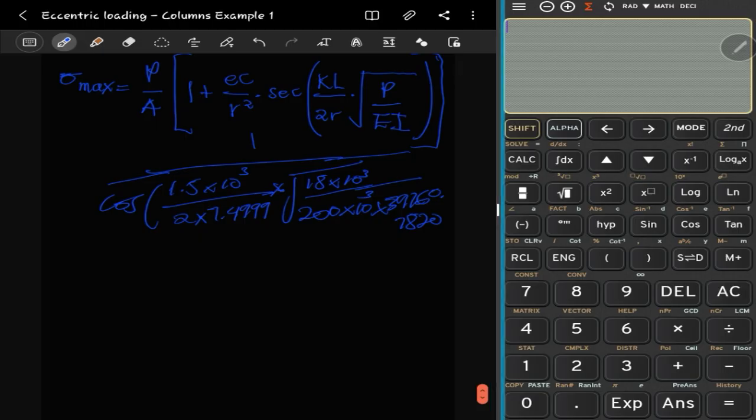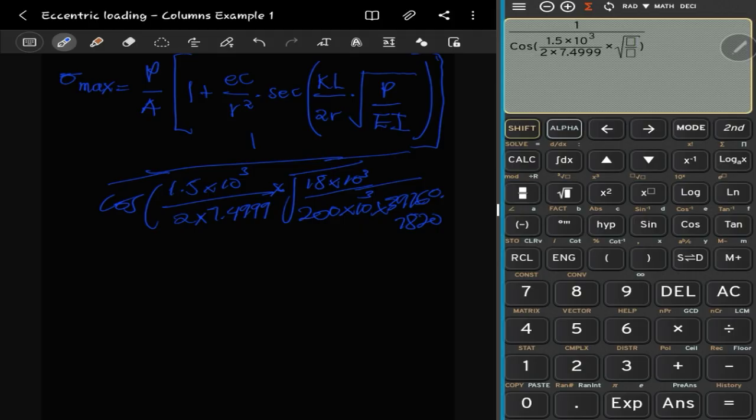So now we punch and see what we get for this particular sec. Right, so that's 1 on cos, bracket. It's always easier when using a calculator, aside to this particular calculator, to put in brackets to make your work safer, because if you miss a bracket it will tell you that there's something missing. That's another way of safeguarding your answers or your procedure, right? And then we have 2 times 2 times 7.4999 times the square root.